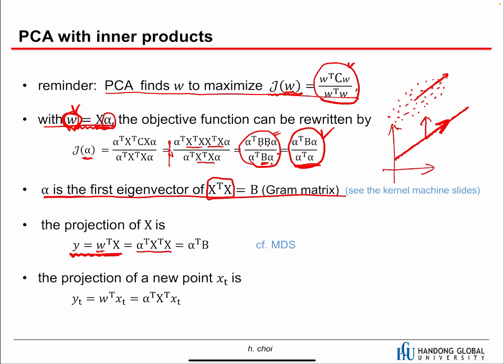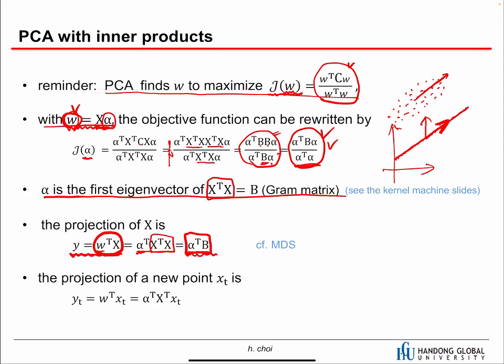So we have a different equation, and from this objective function we can find alpha. And X transpose X is the inner product matrix, so this is our solution. Instead of using conventional PCA, we can use this one as our solution.